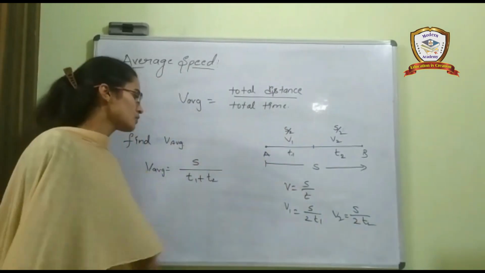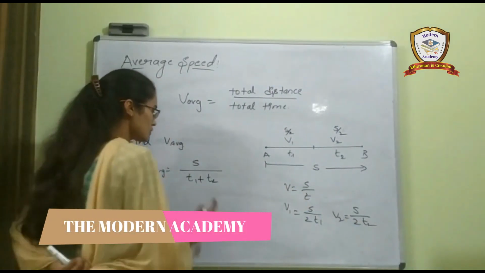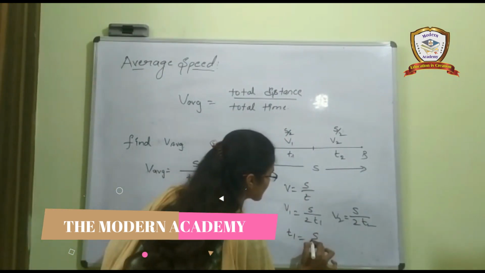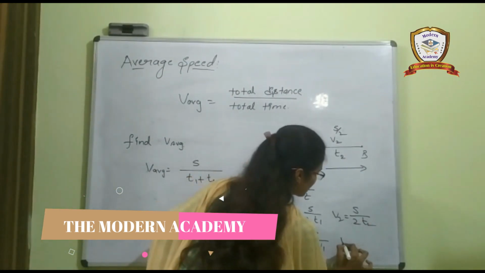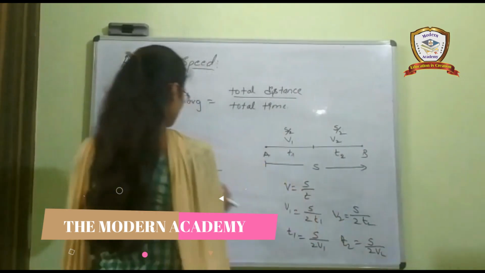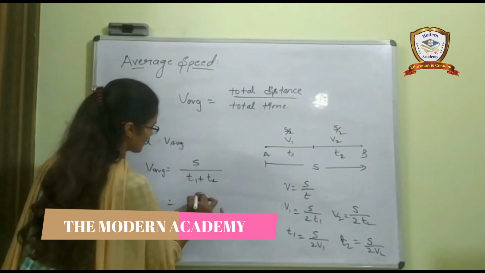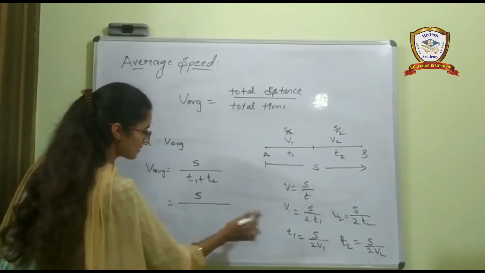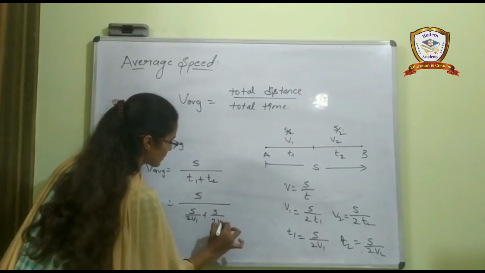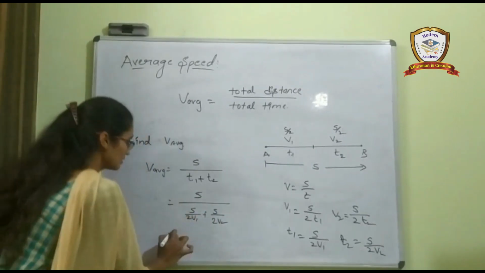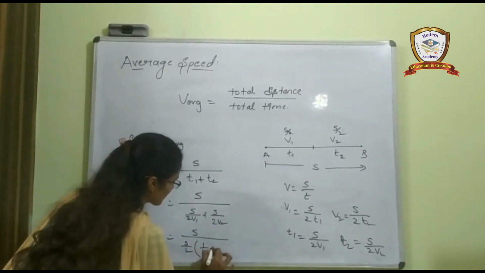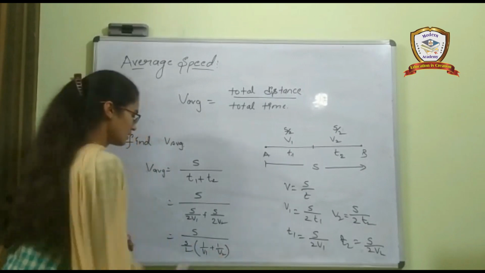So take those values and substitute here. But we should convert this in terms of T1. So T1 equals S by 2 V1, and T2 equals S by 2 V2. Just take the values and substitute here. S by, what is T1? S by 2 V1 plus S by 2 V2. Just take common S by 2 here: S by 2 times 1 by V1 plus 1 by V2.